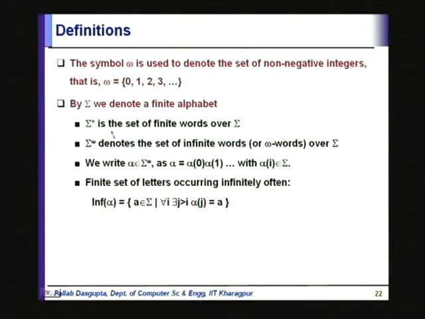Sigma star, as we know already, is the set of finite words over sigma, and sigma omega denotes the set of infinite words or omega words over sigma. This is the difference between sigma star and sigma omega: infinite words. We write alpha belongs to sigma omega as alpha equal to alpha 0, alpha 1, and so on, where each alpha i is a member of sigma.